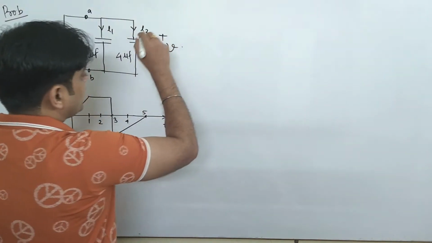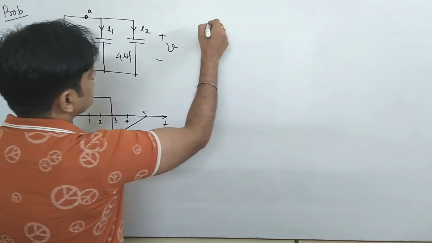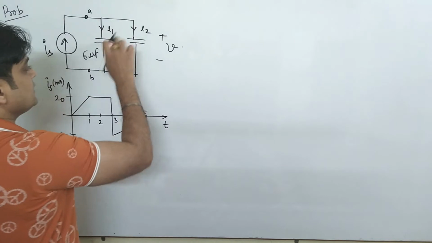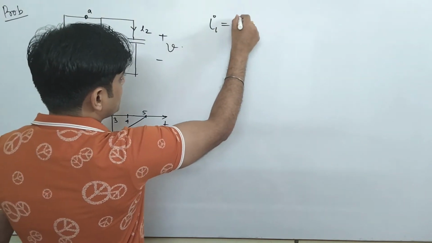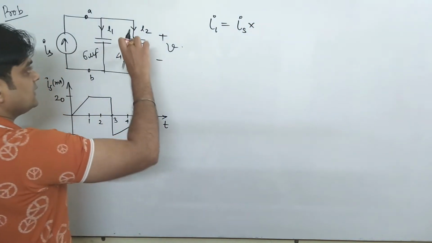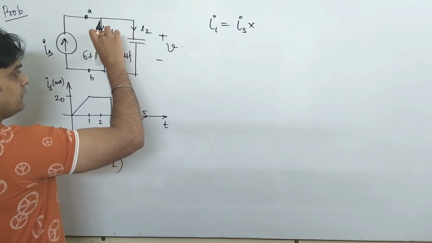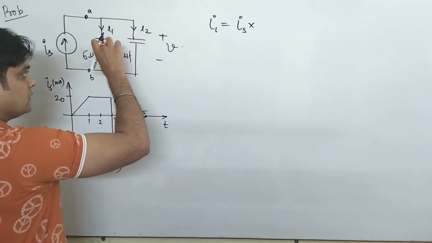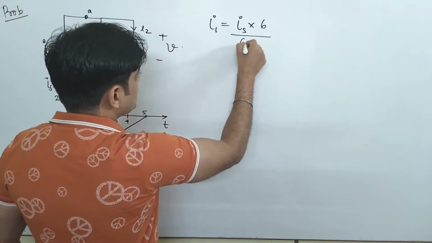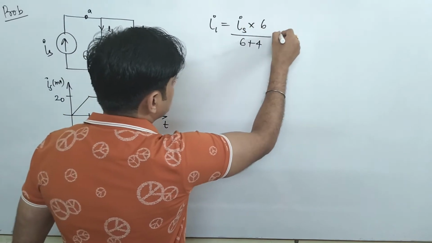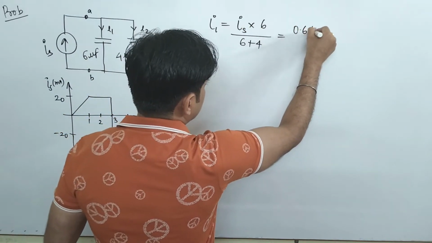As I told you earlier in my previous video, here you can simply apply the current division rule and find the value of I1 as IS into this capacitor. When you have to find the value of I1, we consider the same capacitor, so that comes to be 6 upon 6 plus 4, which is 0.6 of IS.